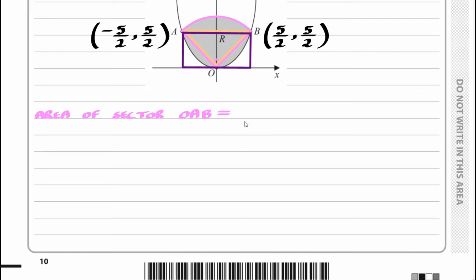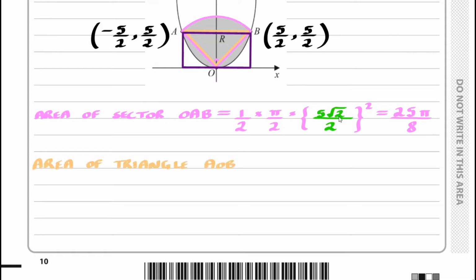So, we know what the radius is, so we have 1/2 times by the angle pi over 2, and that's because we have a V shape and this angle is 90 degrees, multiplied by 5 root 2 over 2 squared, and if I work this out, I get 25 pi over 8.